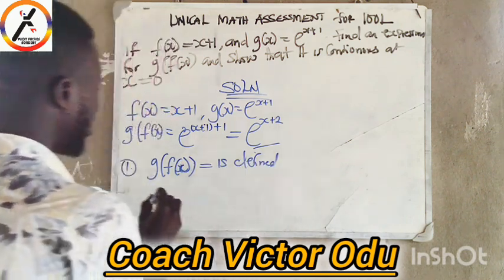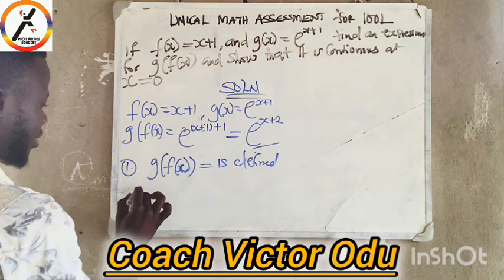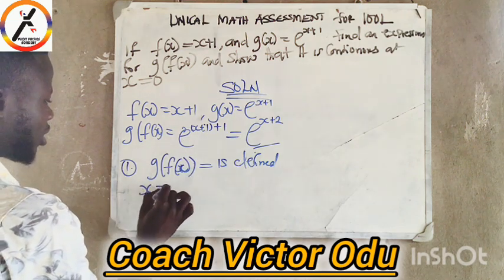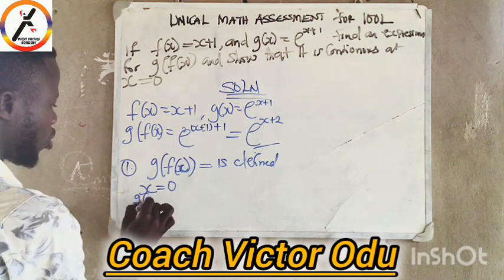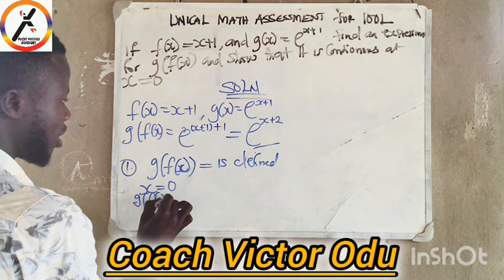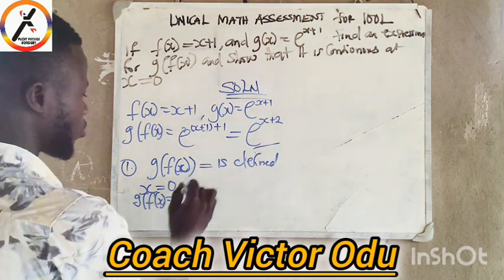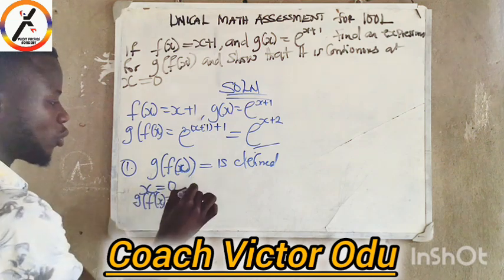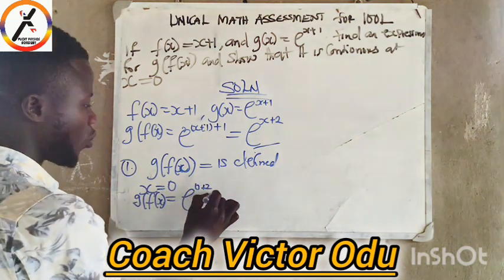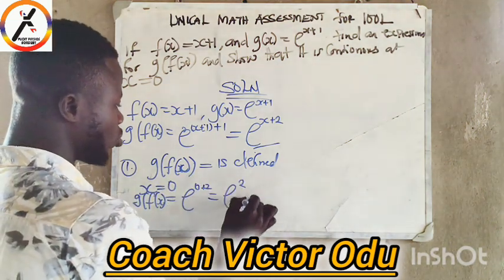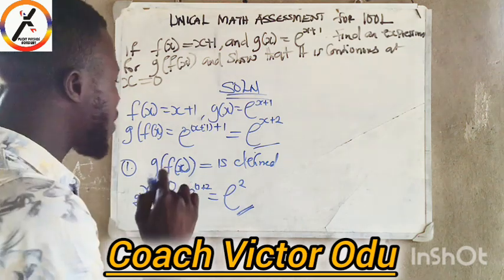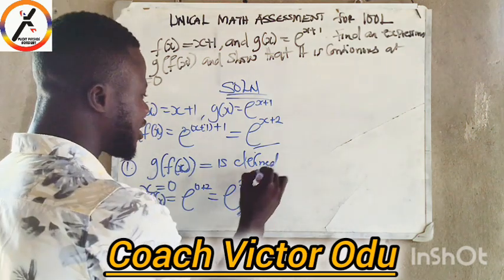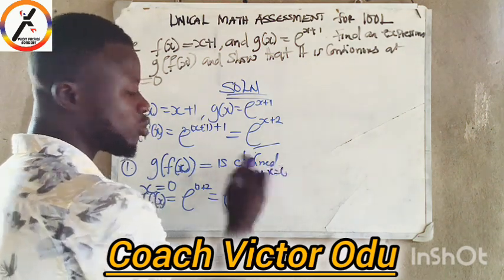From here we have that x is equal to 0. So g of f of x will be equal to exponential, where you have x, you put 0, 0 plus 2, which is equal to exponential 2. So g of f of x is defined at x equal to 0.